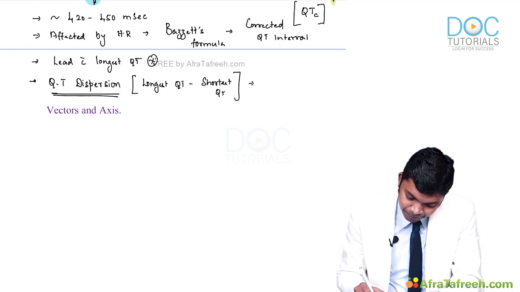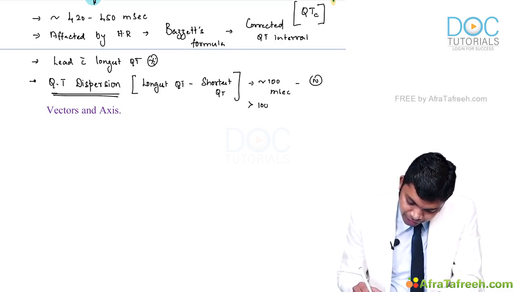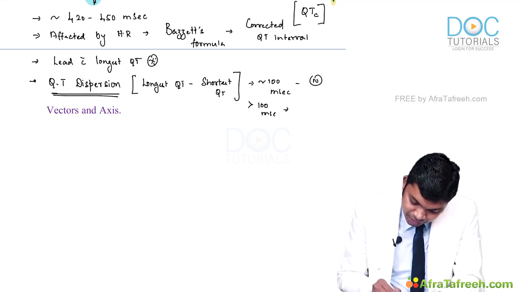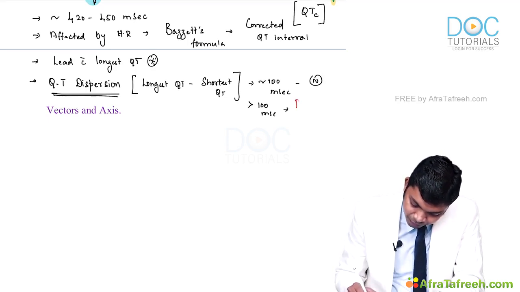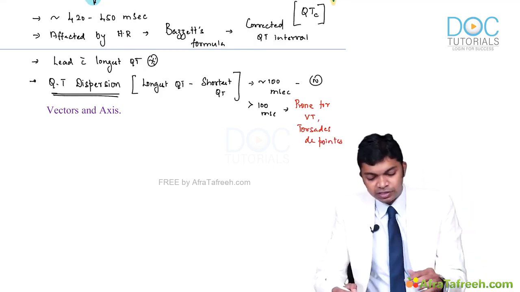If the difference is about 100 milliseconds, it is normal. If it is more than 100 milliseconds, this heart is prone to ventricular tachycardia, especially torsades de pointes, doctors.